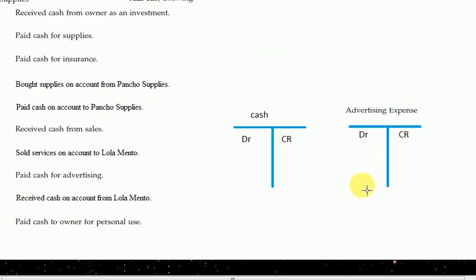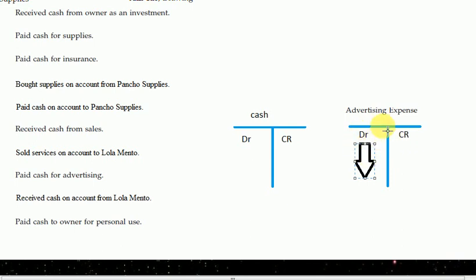Advertising expense. Okay. It's opposite to the sales. When you see advertising, when you see expense, it decreases the owner's equity. Owner's equity has the normal balance on the credit, so when it decreases, it is debited.